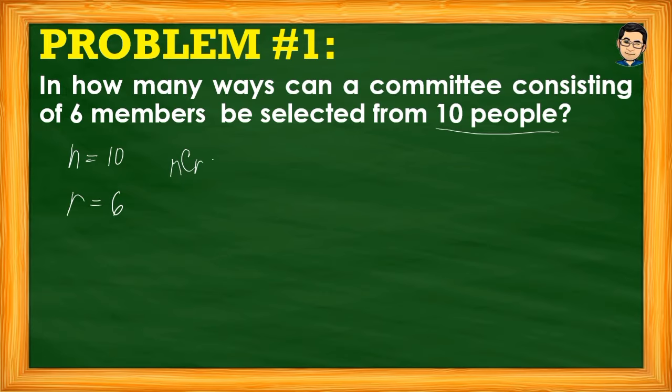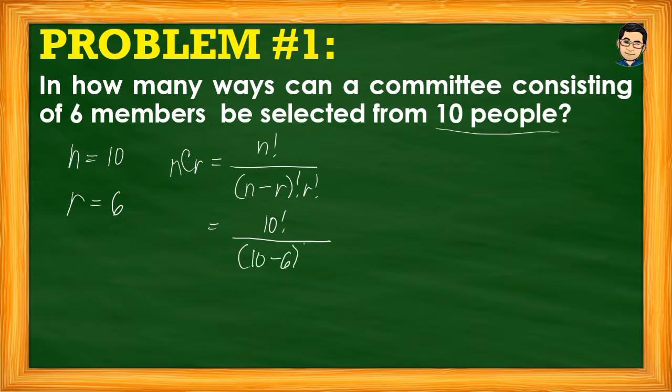n taken r is equal to n factorial all over the quantity of n minus r factorial times r factorial. Now, substituting the values of n and r, that is 10 factorial all over 10 minus 6 factorial times 6 factorial. Now, 10 factorial all over 10 minus 6, that is 4 factorial times 6 factorial.